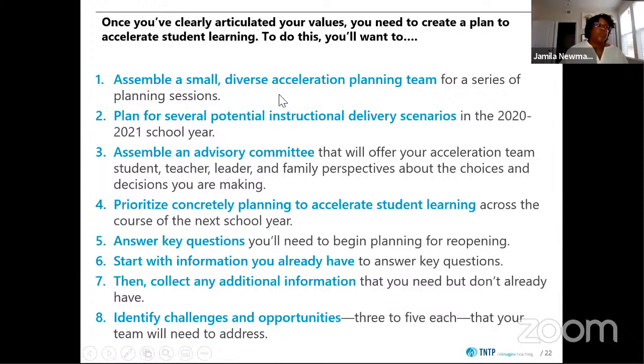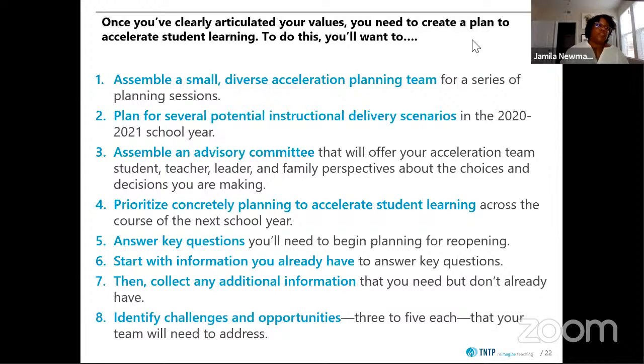I want to just highlight the word diverse here because we think it's really important to have cross-functional teams, pulling folks from your special education department, pulling people from your multilingual English language development department, pulling folks from your AP programs or your IB programs, whatever it might be. And pulling people vertically across grade levels, so having someone from kinder, from elementary, middle, and high school on your accelerated planning team.